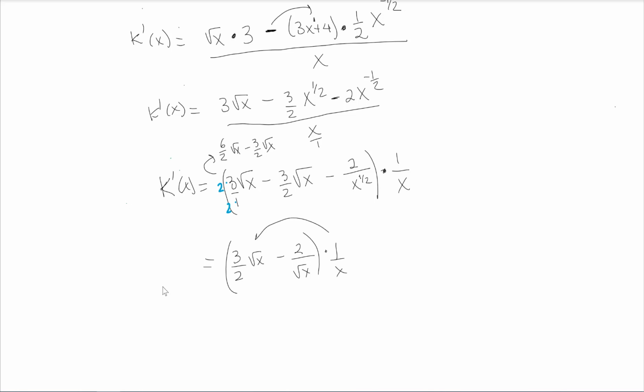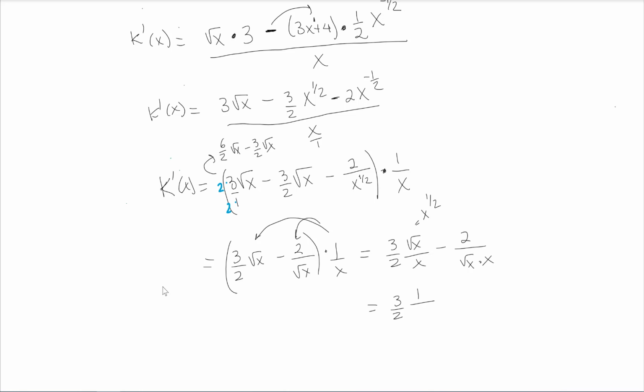And now I can work on distributing this 1 over x in. So I'm going to have 3/2 root x over x minus 2 over root x times x. When you multiply that in, again, use your rules of exponents to simplify this. So this is x to the 1/2, and remember when you're dividing the same bases, you subtract exponents. So it's really 1/2 minus 1, but that's going to give us a negative exponent.